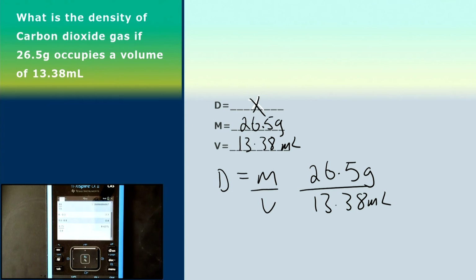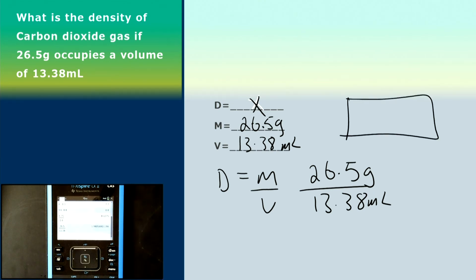So 26.5, we're going to divide that by 13.38, and we get 1.98. So sig figs, this one has 3 significant figures, the 26.5. So we will have 1.98 grams per milliliter. Pretty straightforward.